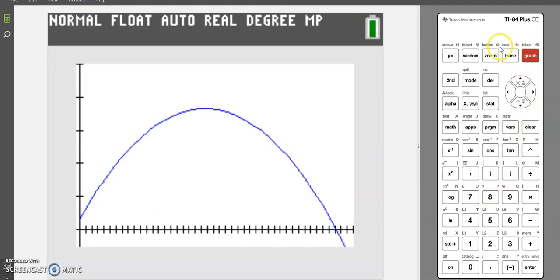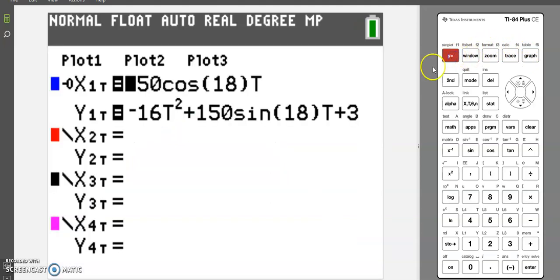Now, we were asked to see if it was going to clear the fence. So how in the world are we going to build a fence parametrically? Well, it's not that hard. It might seem a little hard at first, but basically we know that the fence has to be 400 feet from home plate. So that means if I'm going to draw that, I've got to say X is 400.